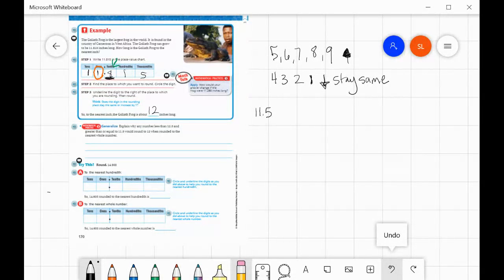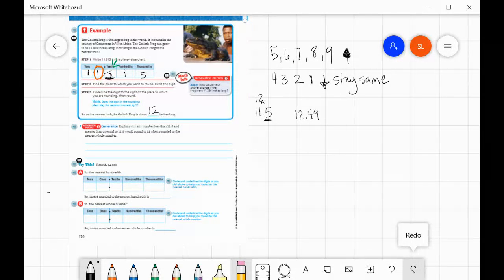Any number less than 12.5, which would be the smallest number that goes to the hundredths, would be this particular number. Now, fives tell us that we go up, so this would round up to 12. And this number here tells us that we would round down, so 12 would stay the same.